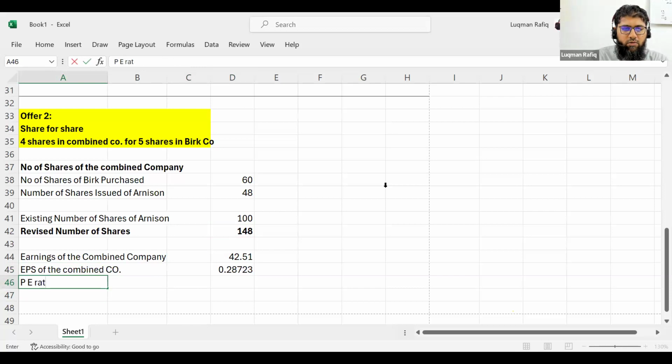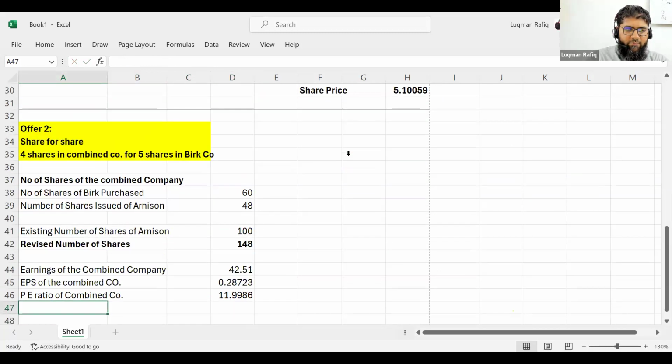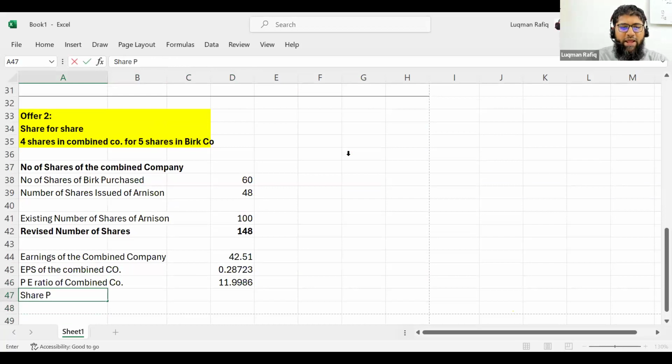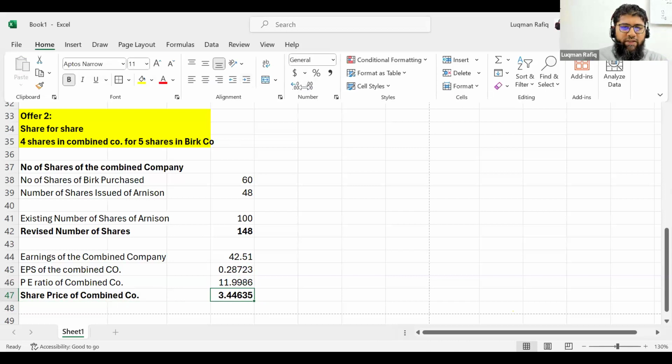The PE ratio of the combined company is 11.9986. The share price of the combined company is going to be the PE ratio multiplied by EPS. This is what we get, 3.44635.